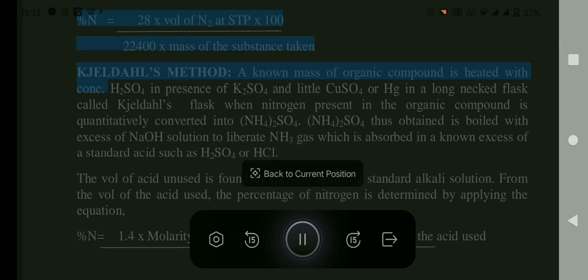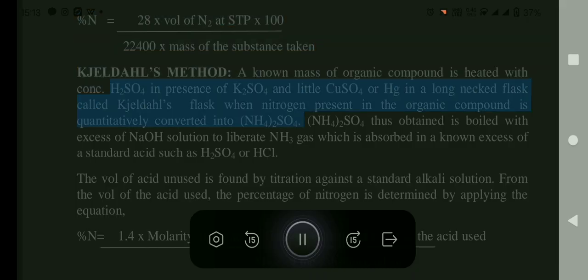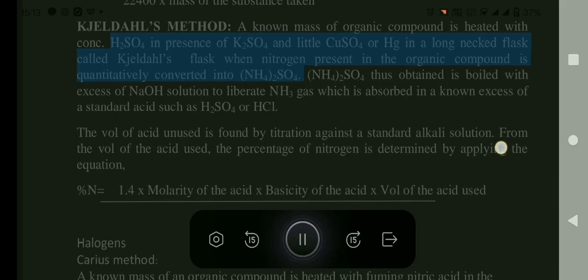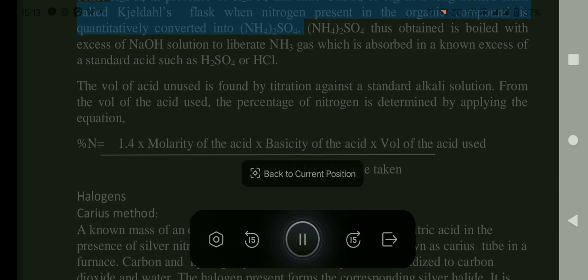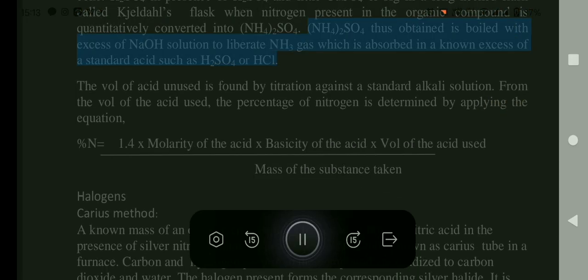Kjeldahl's method. A known mass of organic compound is heated with conc. H2SO4 in the presence of K2SO4 and a little CuSO4 or Hg in a long-necked flask called Kjeldahl's flask. The nitrogen present in the organic compound is quantitatively converted into (NH4)2SO4. The (NH4)2SO4 thus obtained is boiled with excess of NaOH solution to liberate NH3 gas, which is absorbed in a known excess of a standard acid such as H2SO4 or HCl.